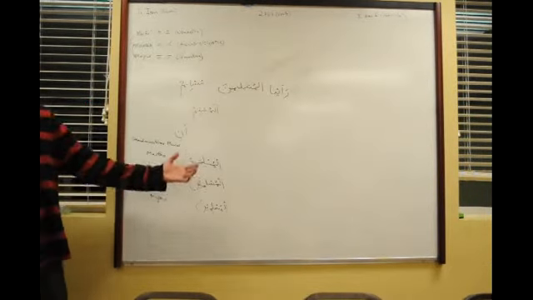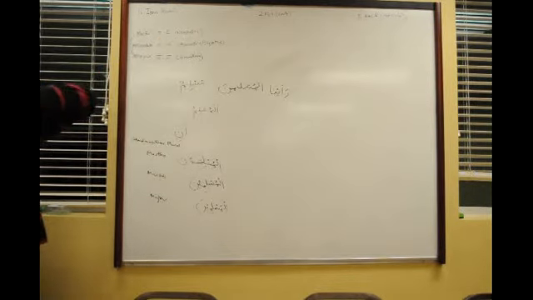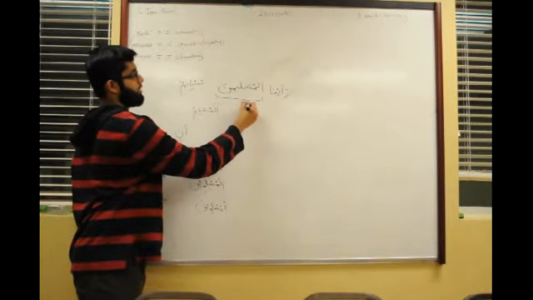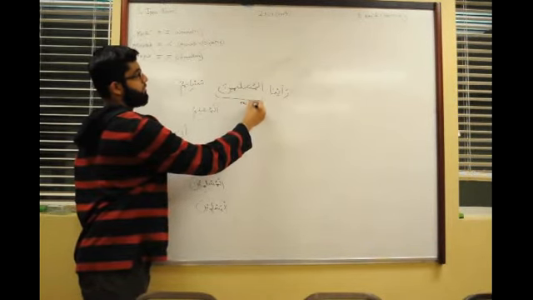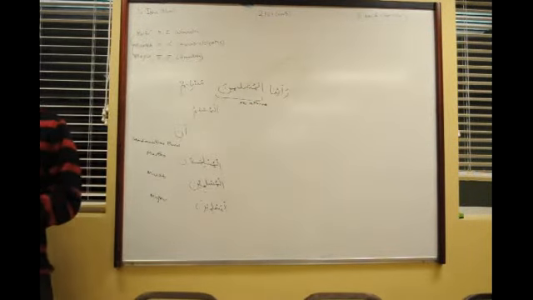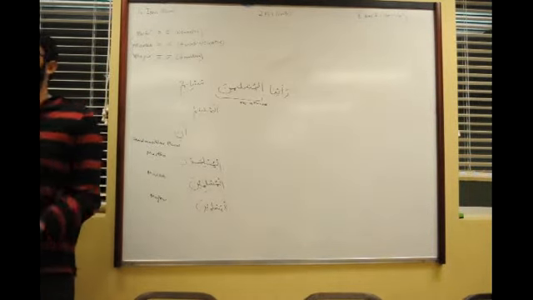So when is something an object? What case does it become? Mansub. So here, al-Muslimina is the object, so you're going to say it's in the case of mansub. Any object should be mansub. When it's an object, the object is always mansub.